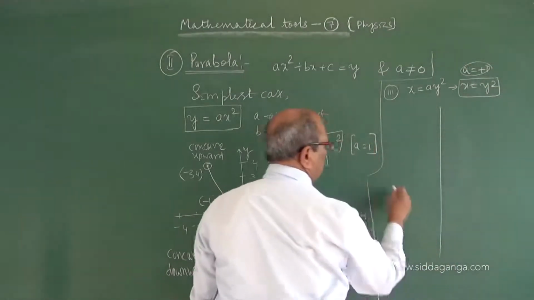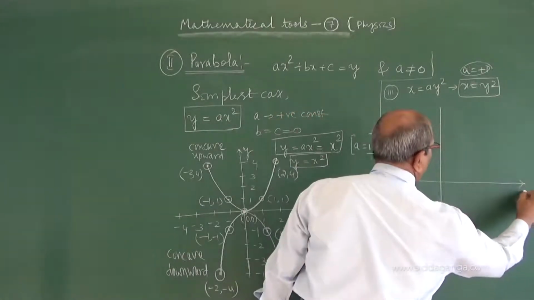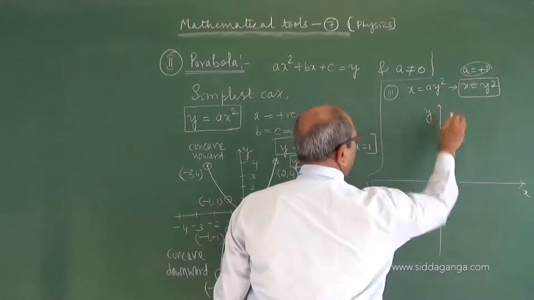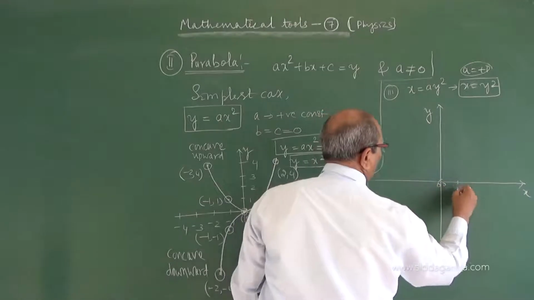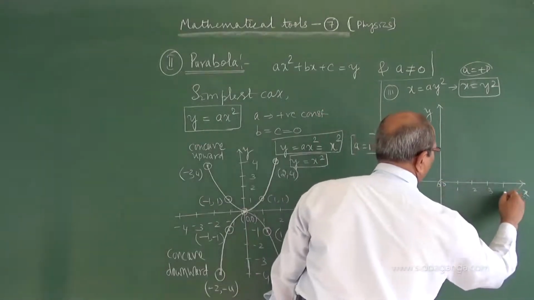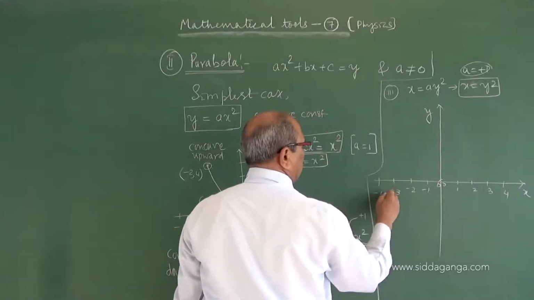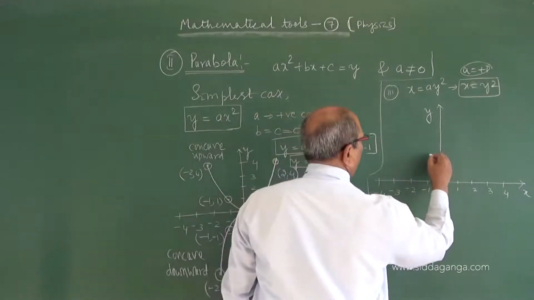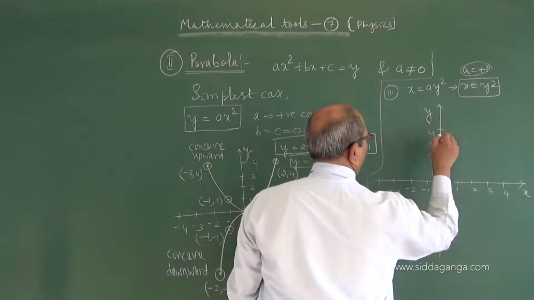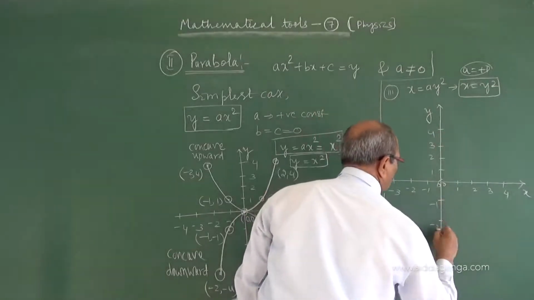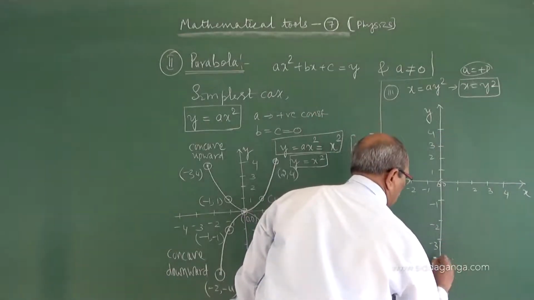A similar graph I can take, with x and y axes: 0, 1, 2, 3, 4, minus 1, minus 2, minus 3, minus 4.